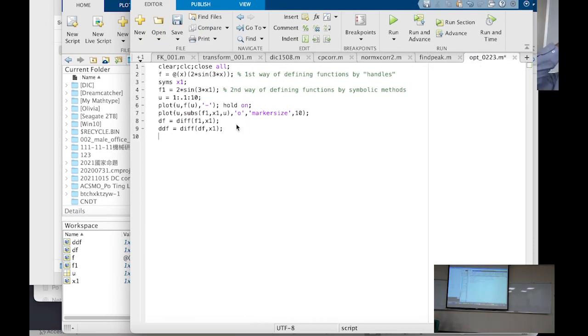Let's start our optimization. So we don't need these. The U and plotting are just for demonstration. So let's comment those out. I don't need those. And I think I don't need this one as well, because I'm going to use symbolic from now on, because that's easier for me to do derivatives.